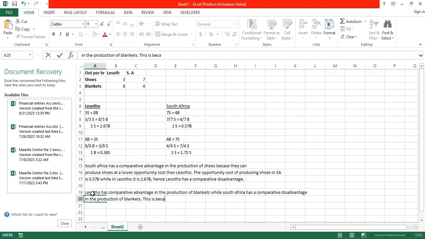This is because Lesotho can produce blankets at a lower opportunity cost.